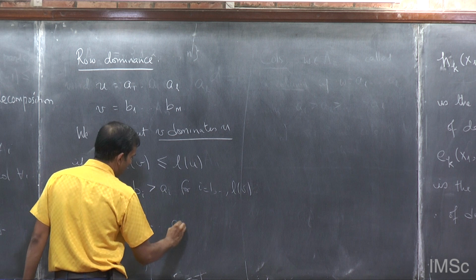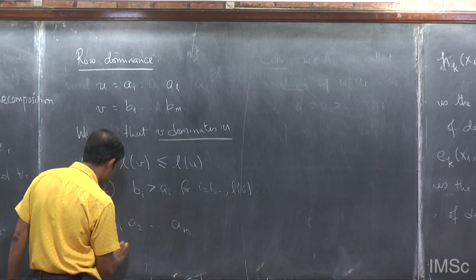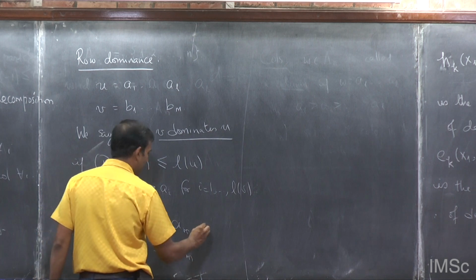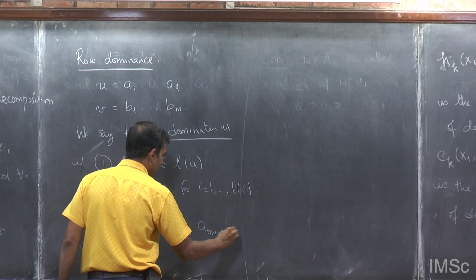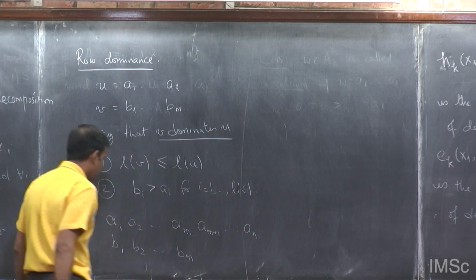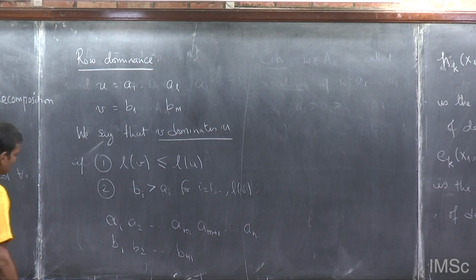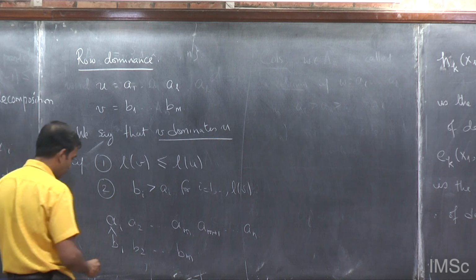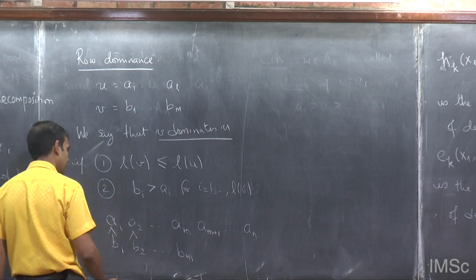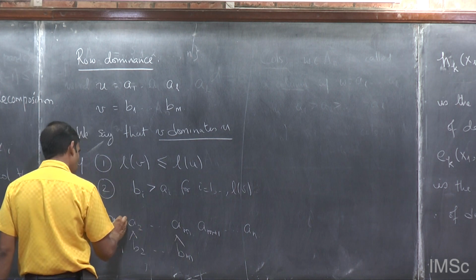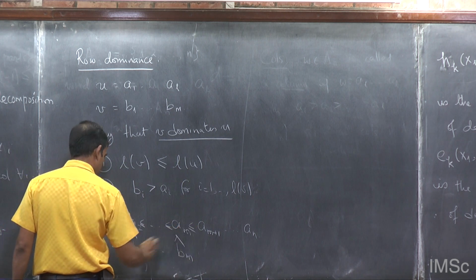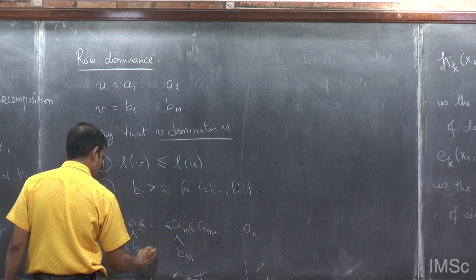I will have up to AM, and this is where B will end, and then A will go on maybe, and the dominance condition says that this B1 should be strictly greater than A1, this B2 should be strictly greater than A2, and so on. And of course, we already know these things because they are rows.